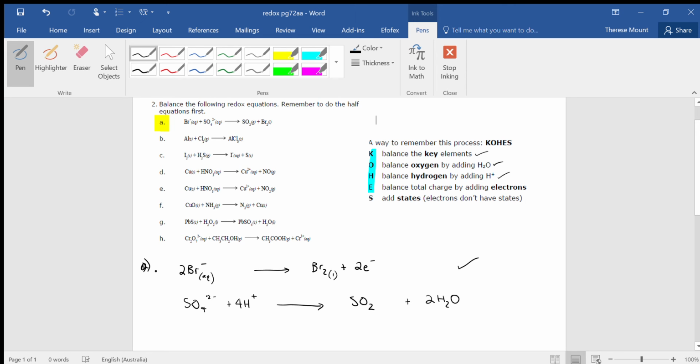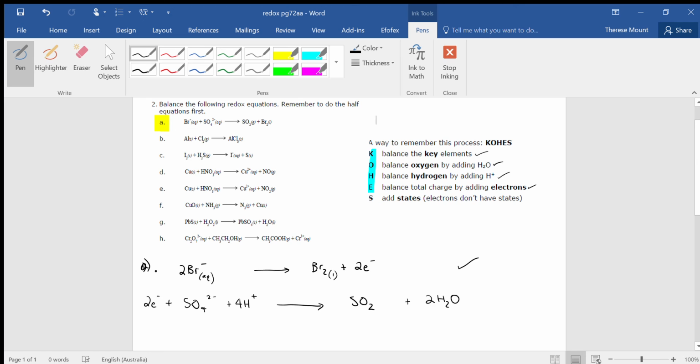If it's 4 plus and a 2 minus, the overall charge is a 2 plus. So if I've got a 2 plus charge there and nothing over here, how am I going to balance that charge out? The only thing I can do is add electrons. So if I add 2 electrons to this side, that brings that down to 0, and it's 0 on that side. So that's balanced, and that's good.